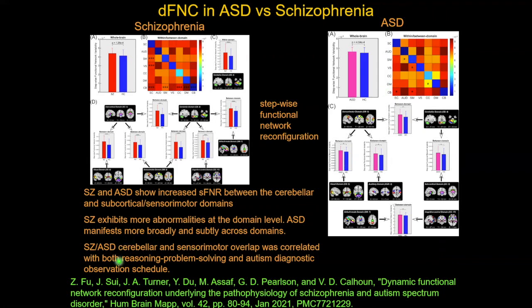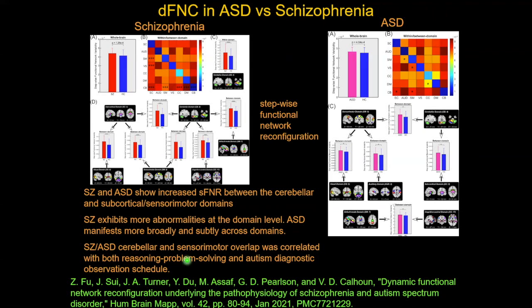And then in this third point here, we looked at the overlap between cerebellar and sensory motor domains, where there was overlap. So you can see here and here. And we see that it was correlated with reasoning problem solving and autism diagnostic observation schedule within both schizophrenia and autism spectrum. We saw a relationship between those two.